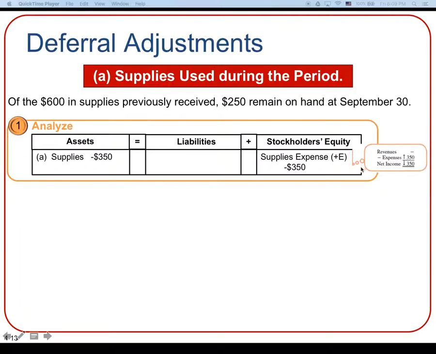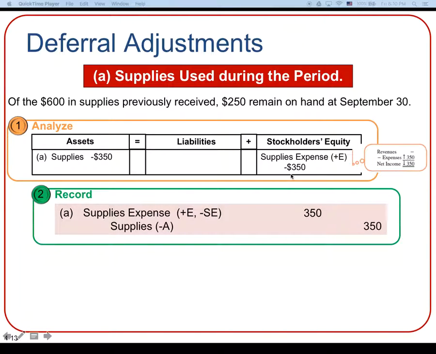So now we have to make this transaction. The transaction would be we reduce the supply from asset by $350. You see a negative, so you have to reduce this by $350. And then you have to increase your expense by $350 because the expense is part of your equity, and when it's increased to your equity amount, it's on the right hand side, so it's also a negative here.